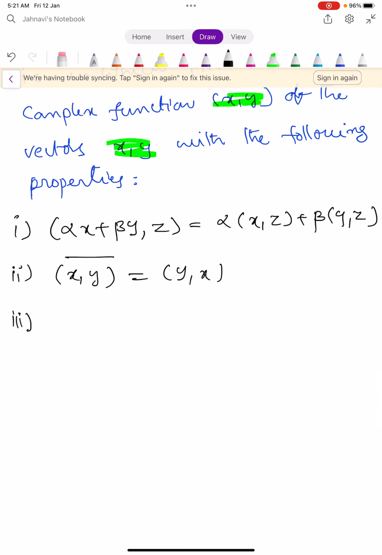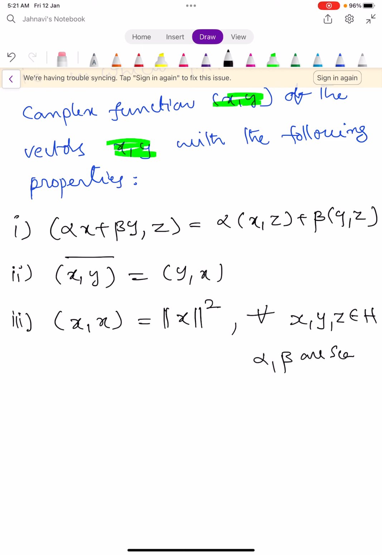And the third one: inner product of x comma x is equal to norm x square, for all x comma y comma z belonging to H, and alpha comma beta are scalars. You should know this definition by heart; if you are familiar with it, then obviously the next definitions and theorems are easy to understand.